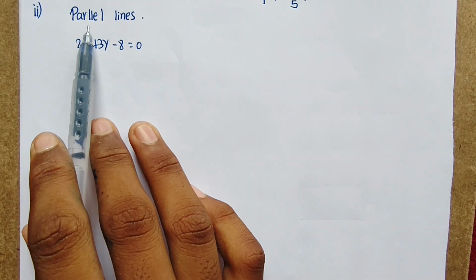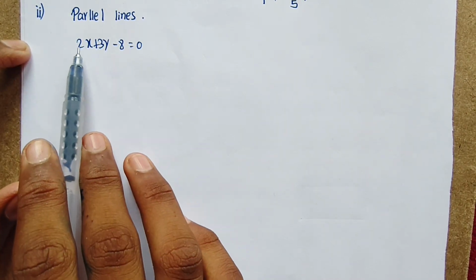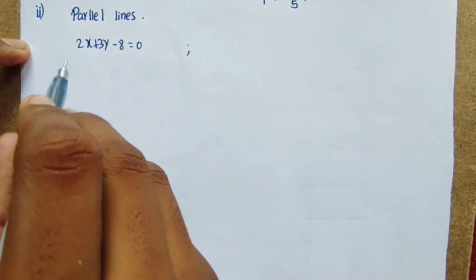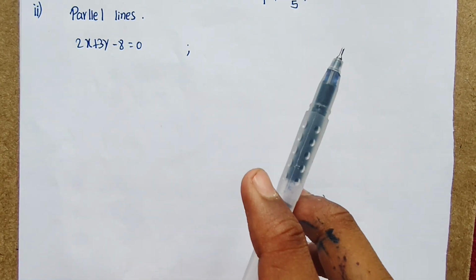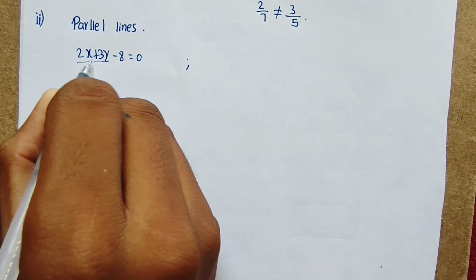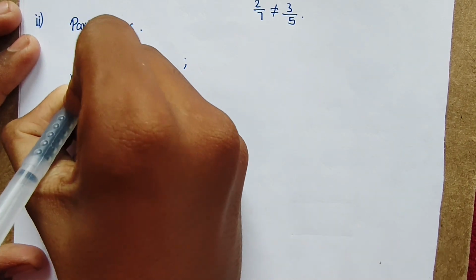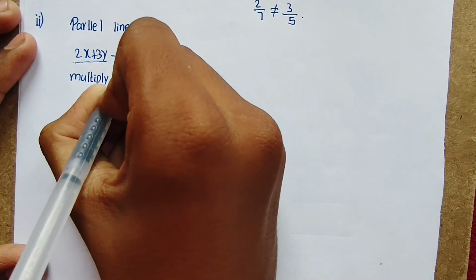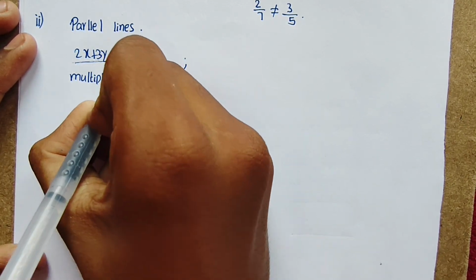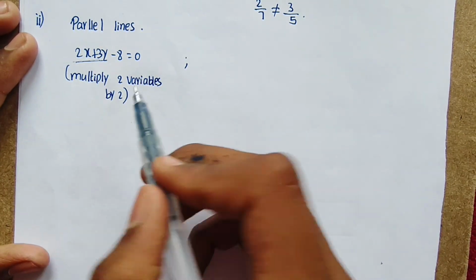Here the second sub-question is parallel lines. The linear equation they gave is 2x plus 3y minus 8 equals 0. Now I am taking the second linear equation by multiplying this by 2, meaning multiply 2x plus 3y minus 8 by 2.